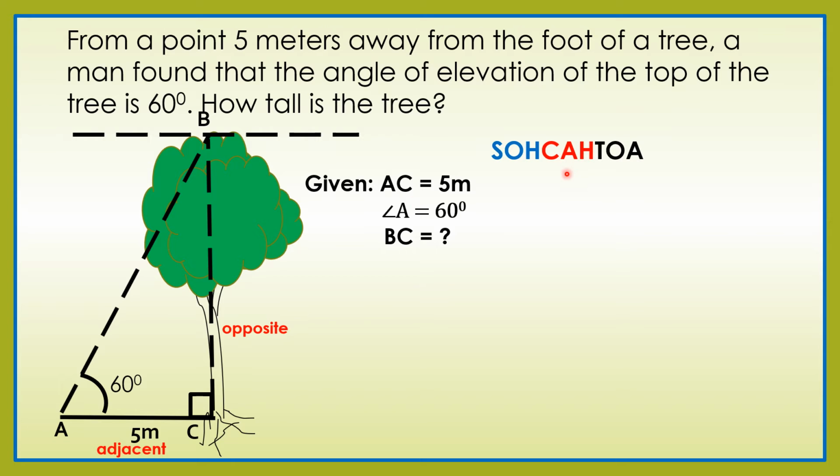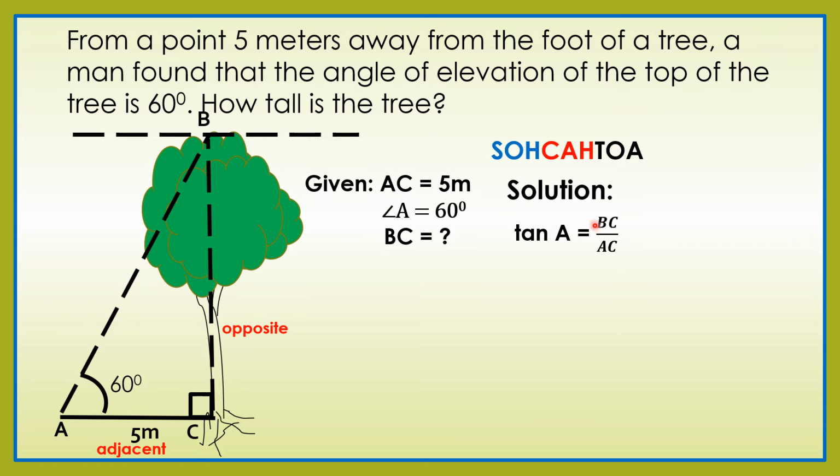Since ang given dito is adjacent and opposite, tingnan natin kung sino pwede natin ditong gamitin. Si SOH, si CAH, or si TOA. So, ang gagamitin natin dito ay yung TOA kasi ang given dito ay adjacent and opposite. So, let's have here the solution.